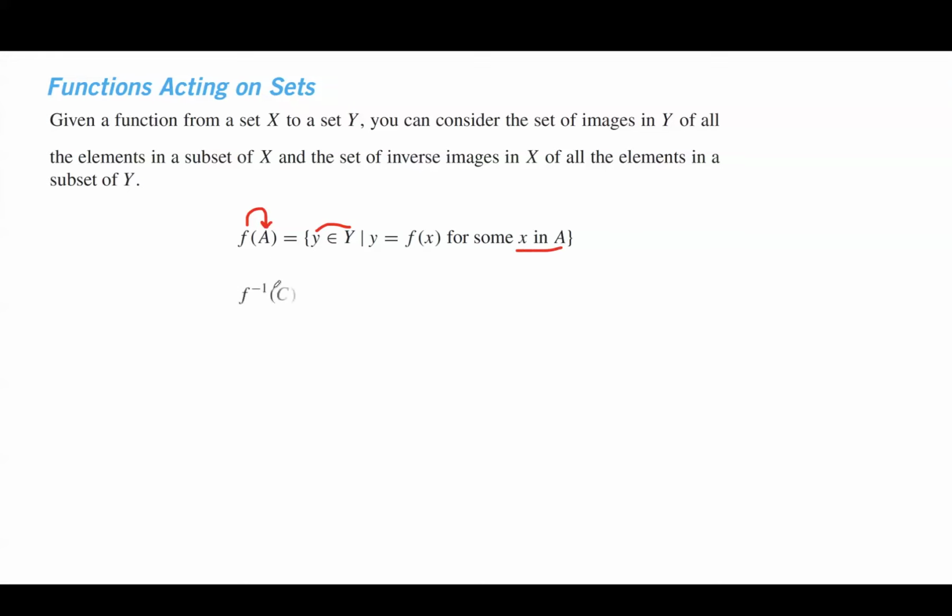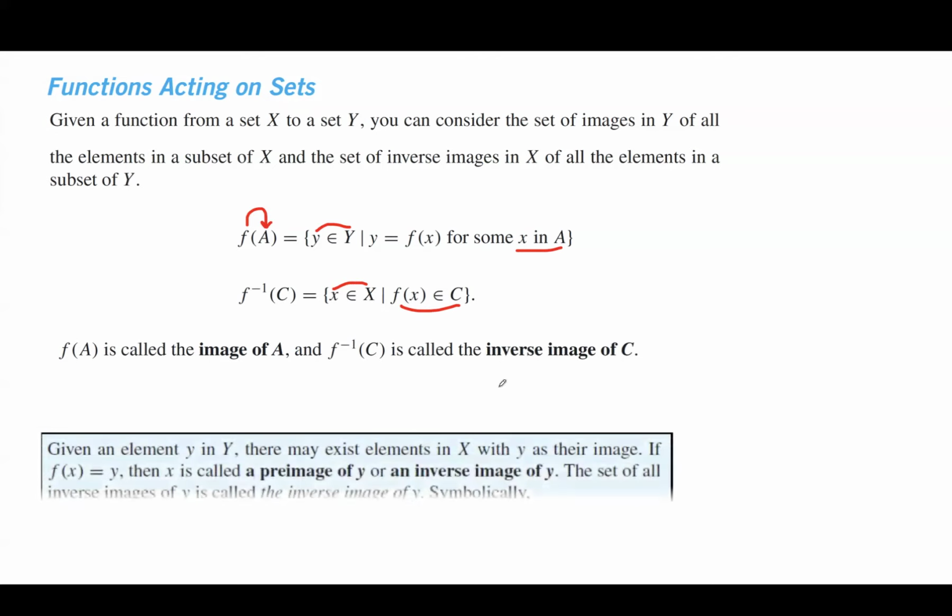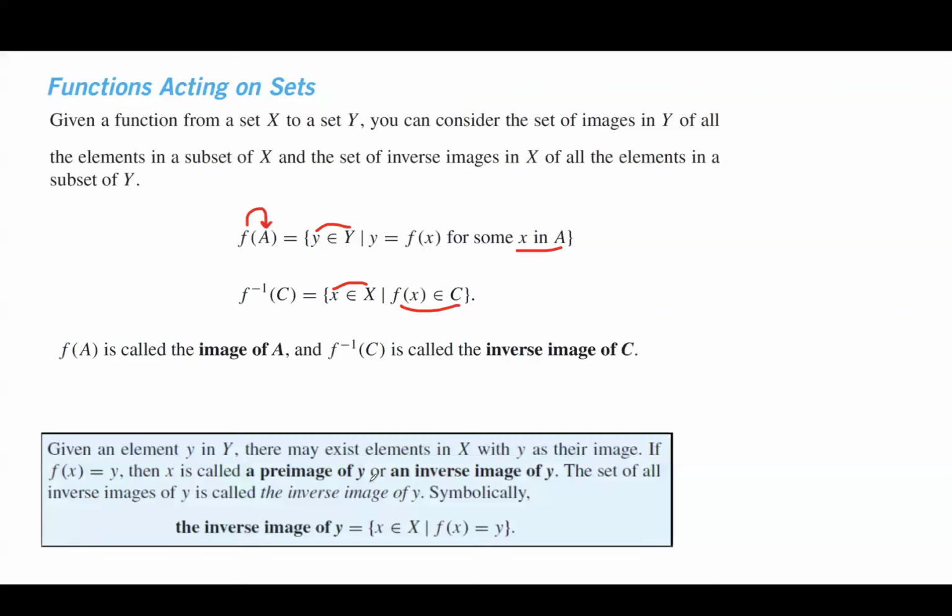We can define the inverse image of set C to be the set of all x values such that f of x belongs to C. f of A is called the image of set A, and f inverse of C is called the inverse image of C. Remember that at the beginning of the chapter, we described the pre-image of a single element, or inverse image of a single element, to be all x values such that f of x is equal to y itself.